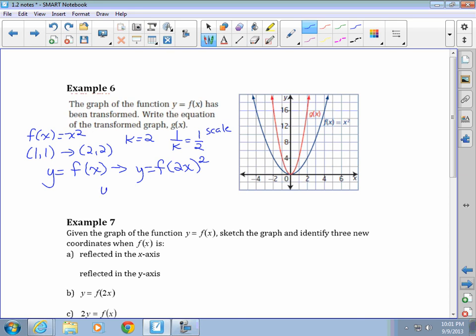You could write it as y equals (2x) squared with brackets. When I substitute in, I substitute my k value. I just need my scale factor as a description, but what I'm looking for is this k value, and the k value was 2.